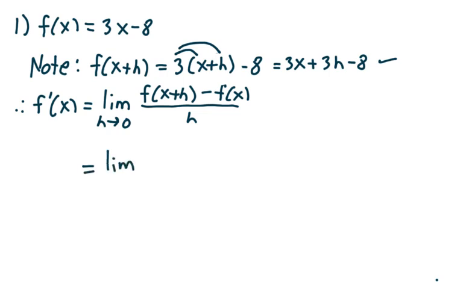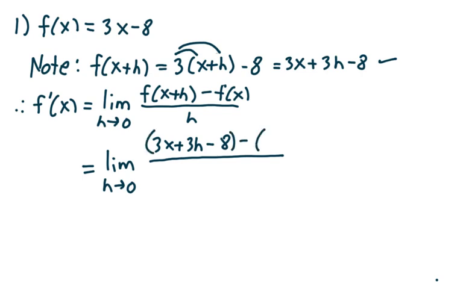And so this is the limit as h goes to 0 of, now in the numerator, I get 3x plus 3h minus 8, and then this is minus the quantity 3x minus 8. And we're going to take that whole thing and divide by h.